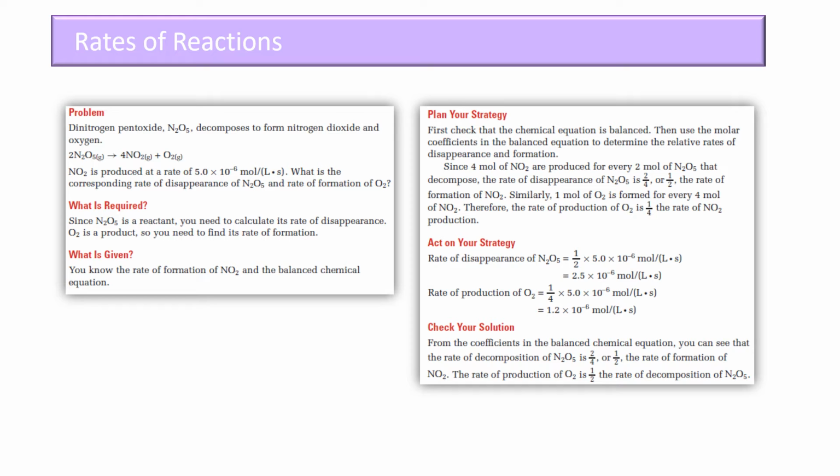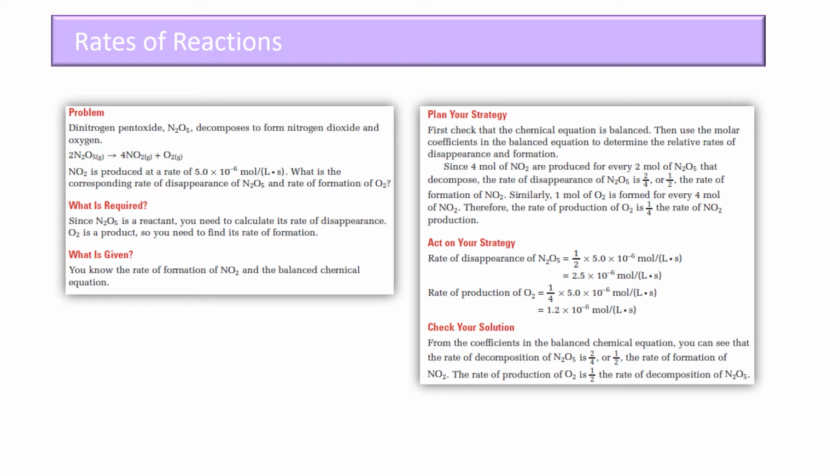NO2 is produced at a rate of 5.0 times 10 to the negative 6 mole divided by liter times second. What is the corresponding rate of disappearance of N2O5 and the rate of formation of O2?